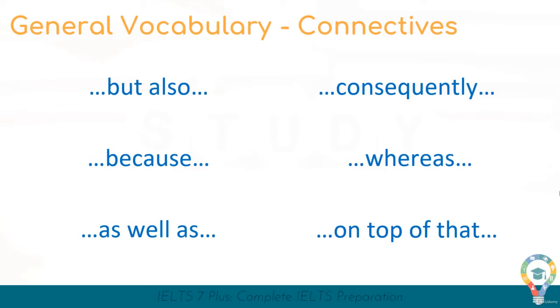So here are 6 connectives that I think you can definitely use in your IELTS test. And if they're used very well, I'm sure they could help to boost your score.